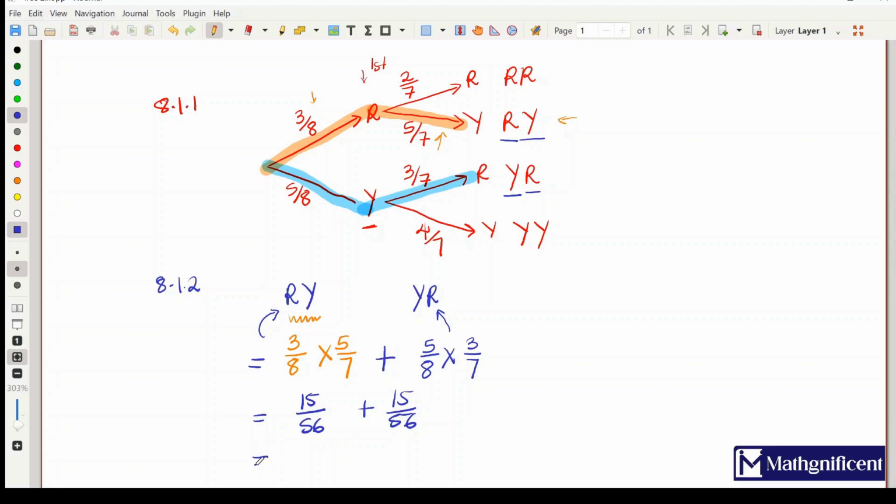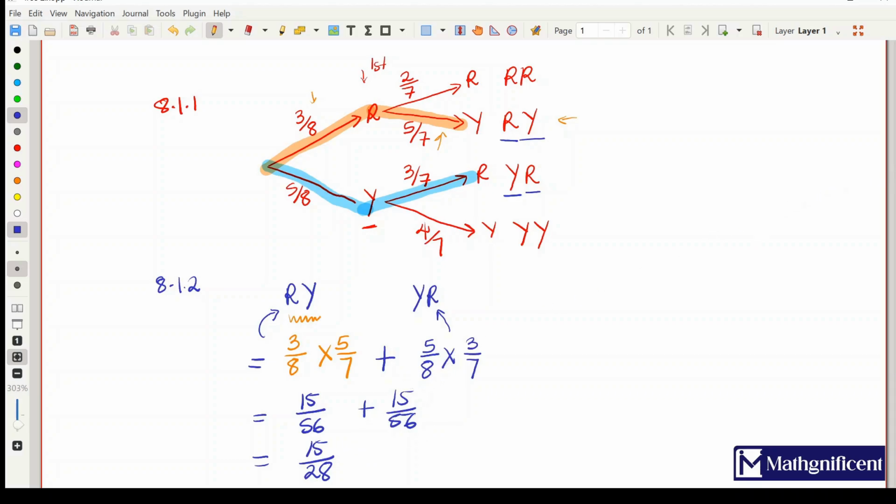So now what do we do with this? We add the two probabilities so that we get 15 over 28. So this is how you solve this particular question.